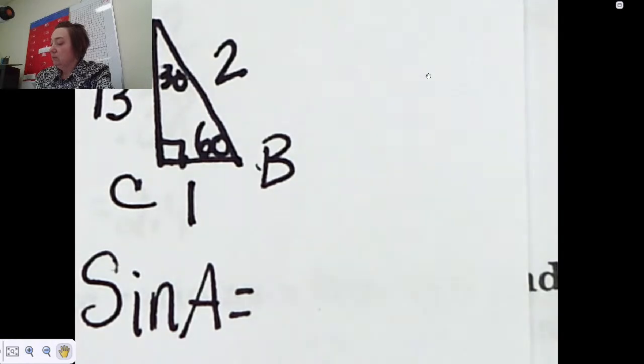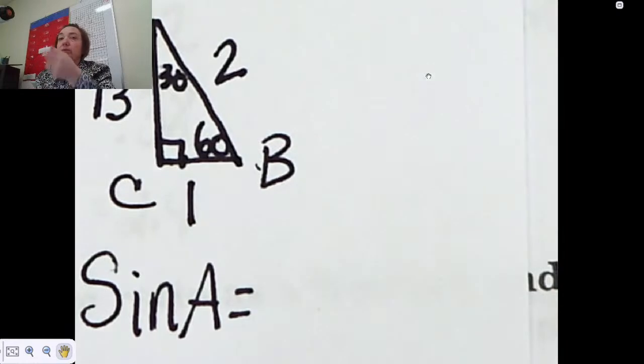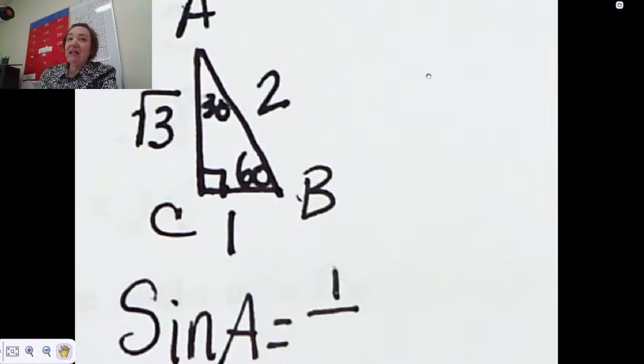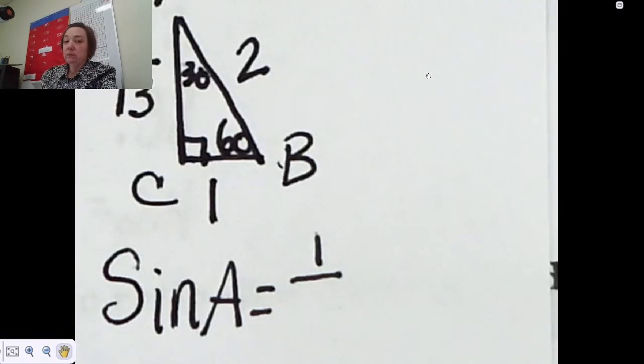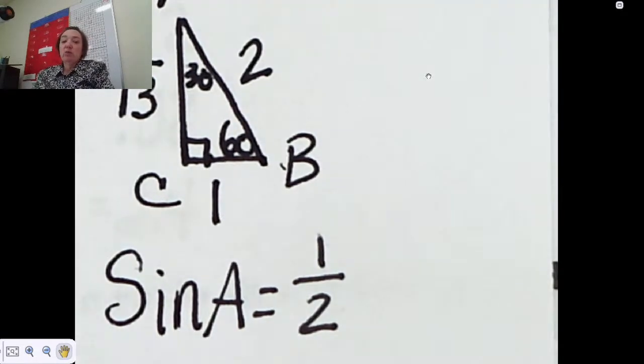What side is opposite of angle A? I mean like a number. 1, right? What side length is the hypotenuse? The 2. So we just learned that the sine of A is 1 over 2. The sine of that 30-degree angle is 1 over 2, which is what? That's 1/2 or 0.5, right?